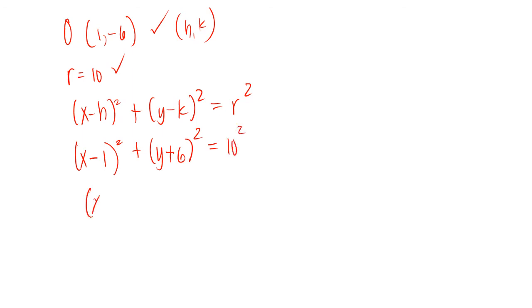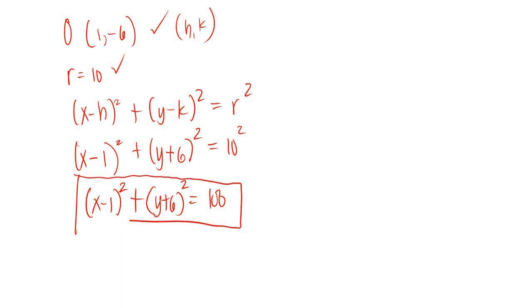So x minus 1 squared plus y plus 6 squared equals 100. That's it.